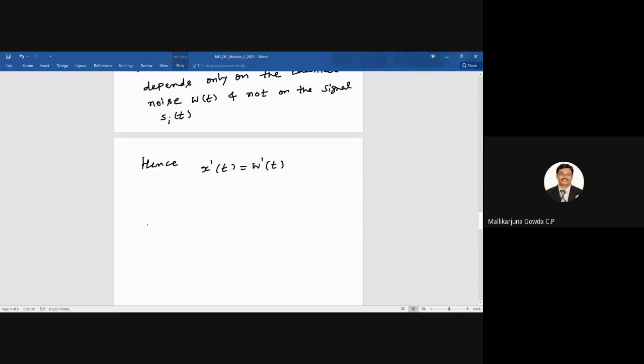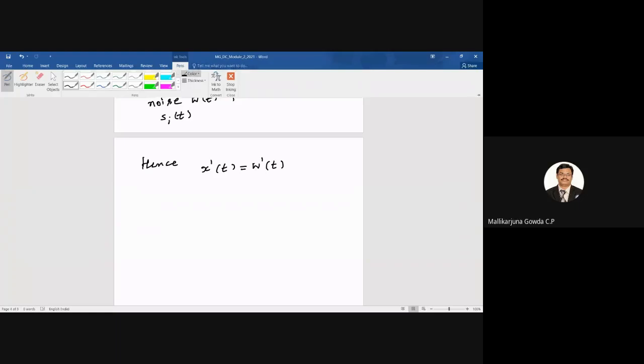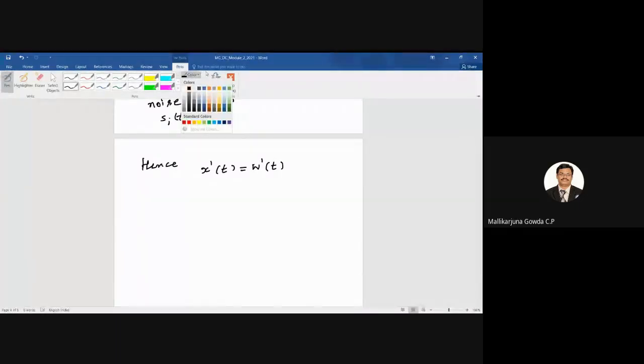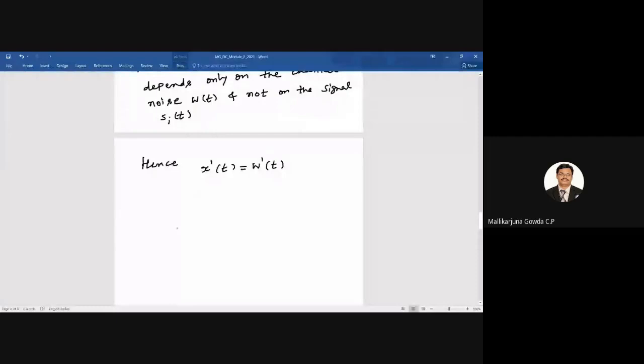So I am rewriting equation 5, which is x dash of t equal to x of t minus summation j is 1 to n xj pi j of t. I'm rewriting that equation with respect to x of t. From equation 5, I can write the received signal.